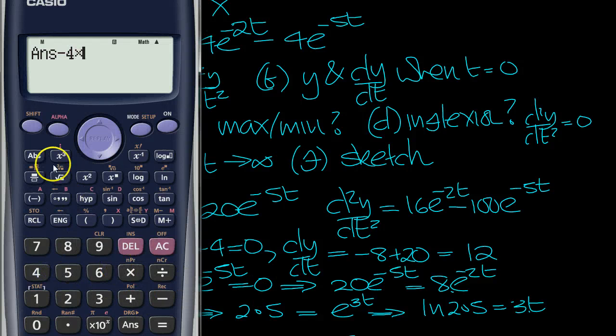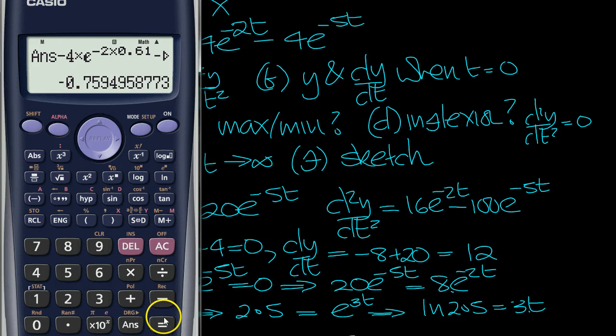Minus 4 times e to the minus 2 times the 0.61, wasn't it? Minus 4 times e to the minus 5 times the 0.61. Minus 0.75. Let me just check.